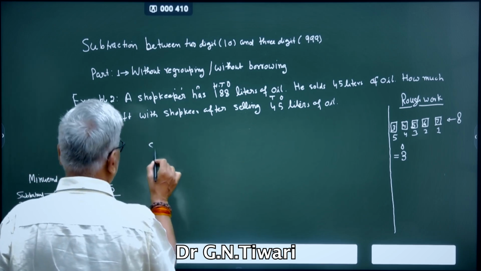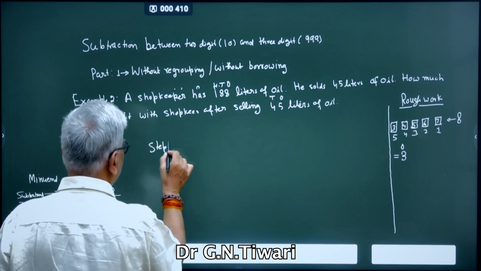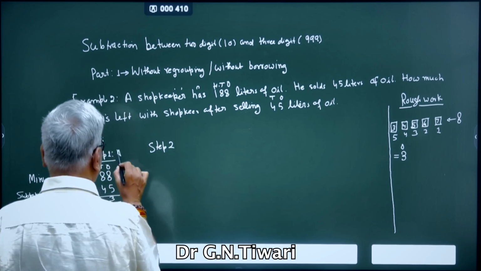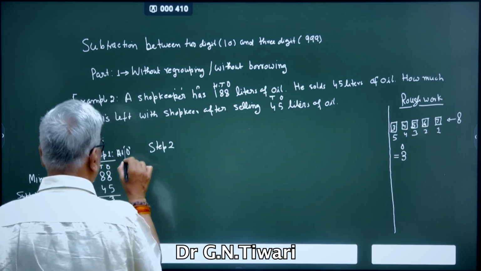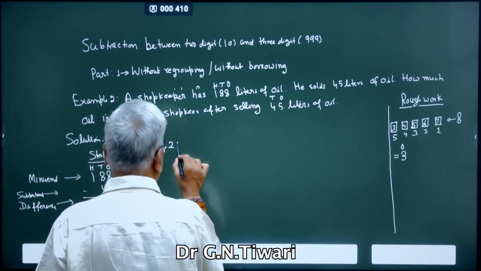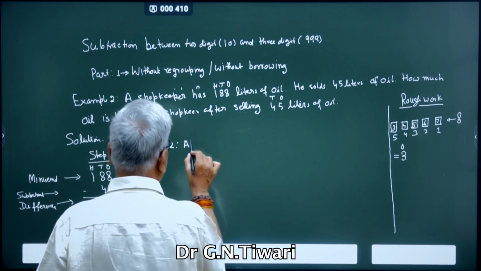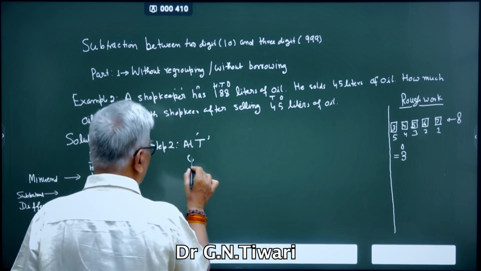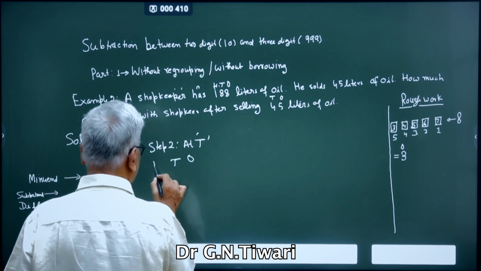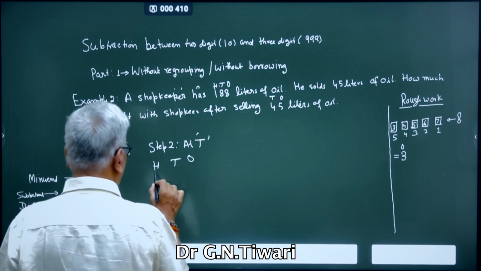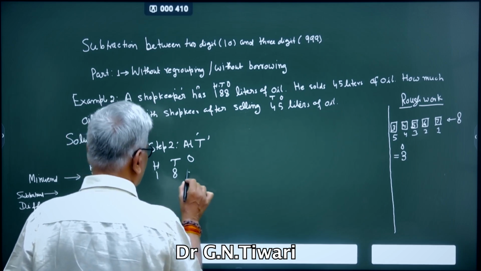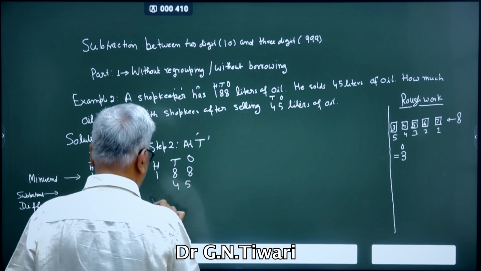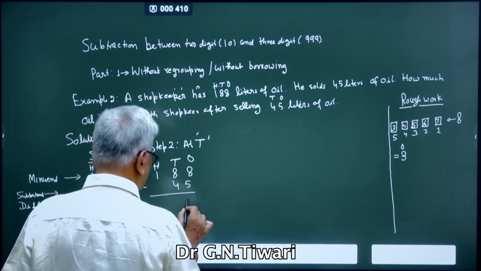Step 2. Step 1 means at O. We have done the difference at O, here at T. Again write OTH. 188 minus 45, and here 3.